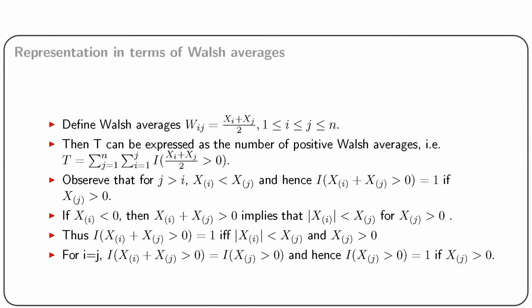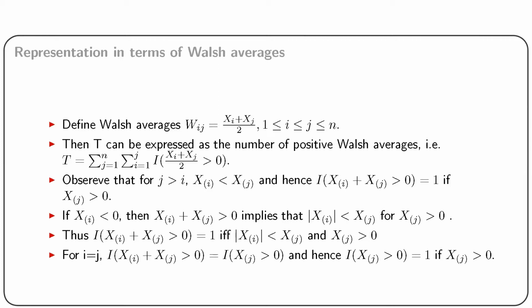Observe that for j greater than i, x ordered i is less than x ordered j, and hence x ordered j greater than 0 is sufficient to ensure x ordered i plus x ordered j is positive. Hence, indicator x ordered i plus x ordered j greater than 0 equals 1 if x ordered j greater than 0.